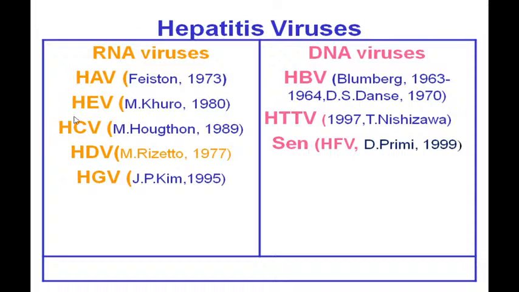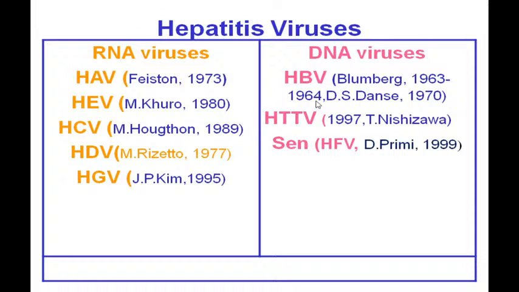And then we have hepatitis E, C, D, and G. And the only DNA virus is well known, and the disease was discovered in 1963-64 by Blumberg, and the virus was seen by Dane.